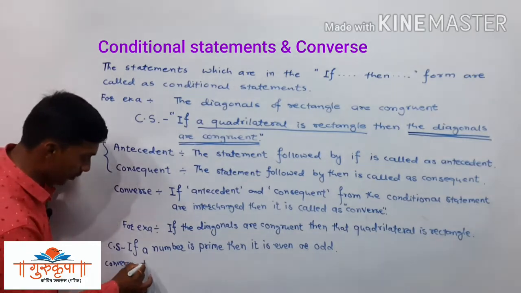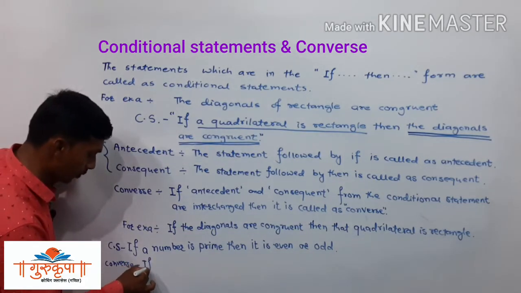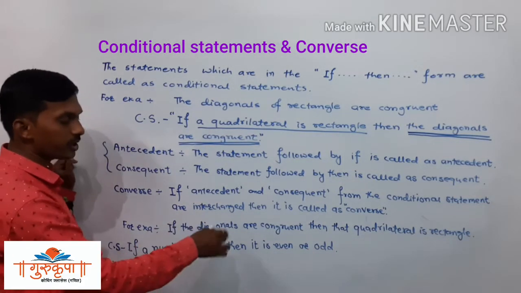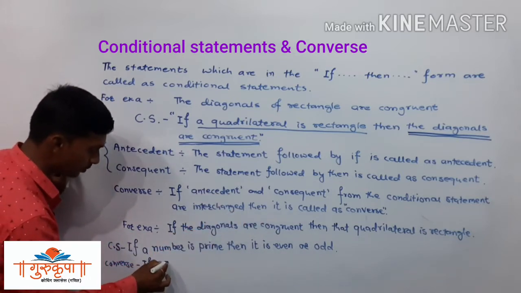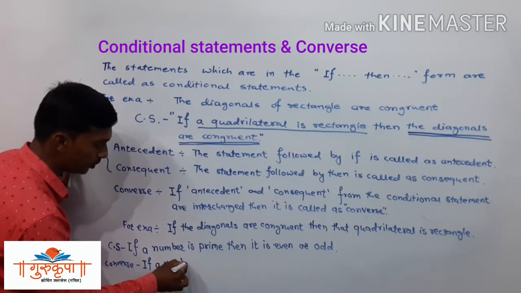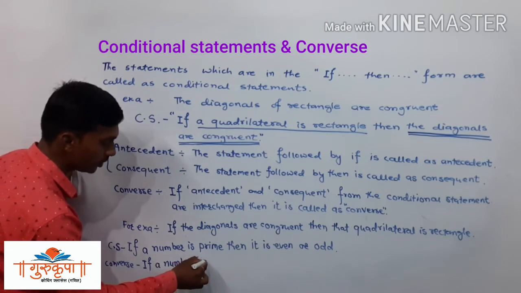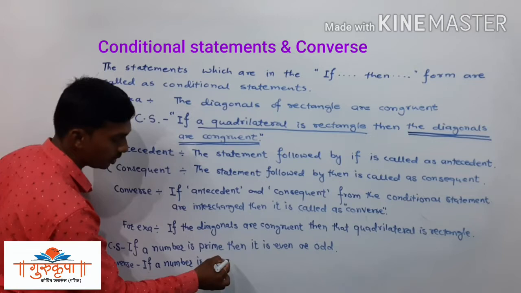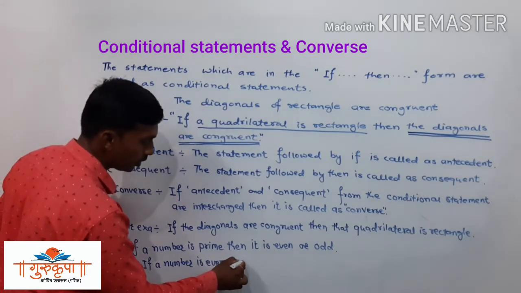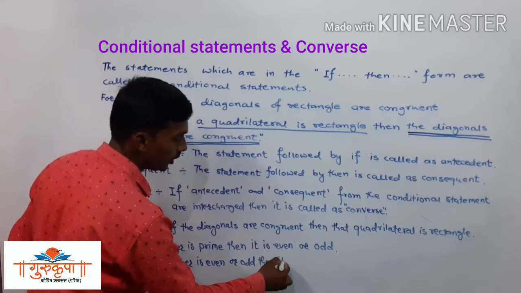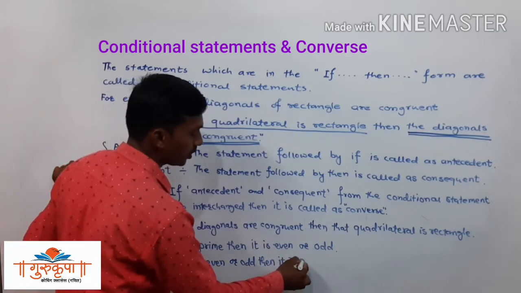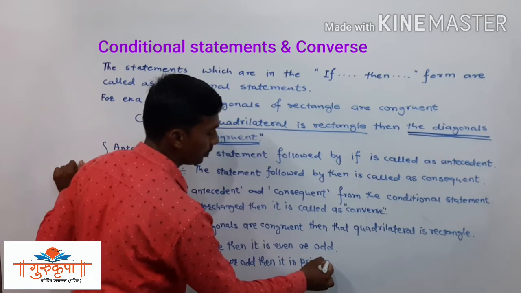Here we write if. And now after if, what do we have to write? The part which is after then. Here we write: if a number is even or odd, then it is prime.